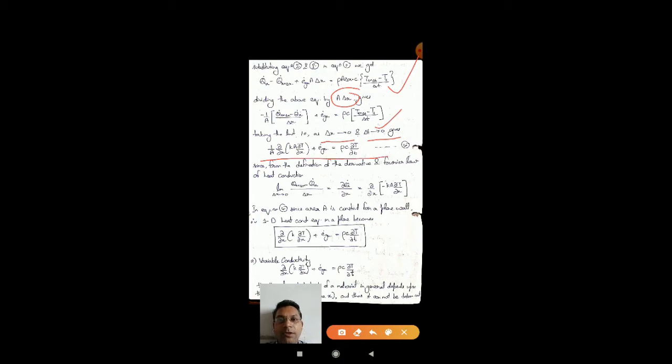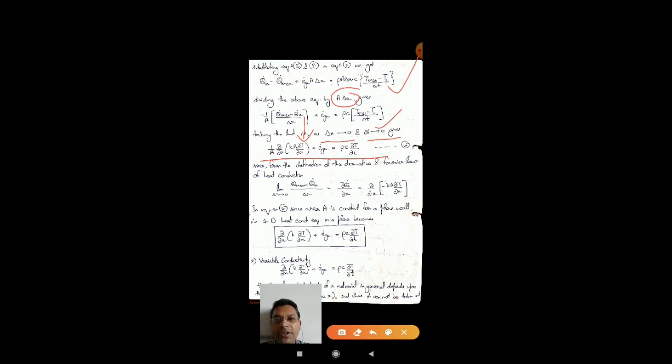Now you must be wondering how this equation is transformed into this one. Students, you must remember the basic definition of a derivative: dx by dt is written as the function at x plus h minus the function at x upon delta x.